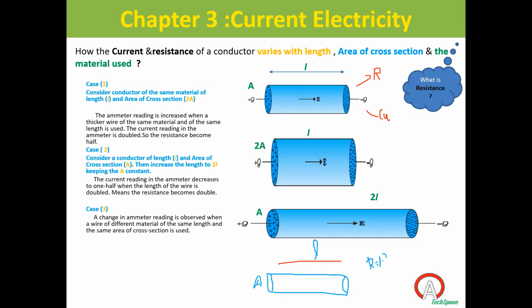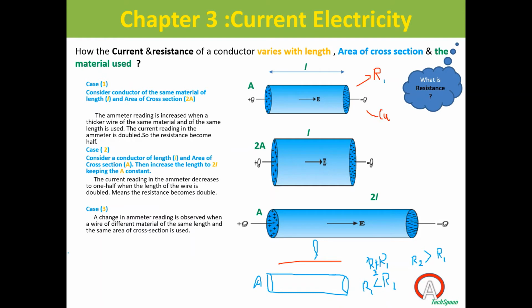There will be a slight difference. We will take it as R1 and this as R2. So R1 is not equal to R2. Sometimes R1 will be less than R2, sometimes R2 will be greater than R1. That depends on the nature of the material that we select.